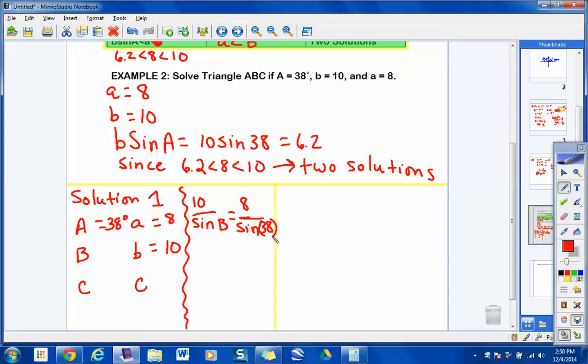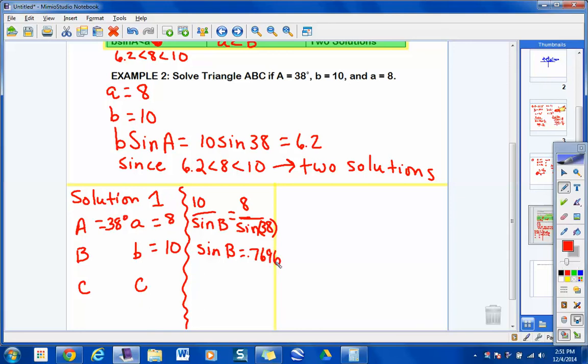How much? 0.7696. Are we getting 0.7696 out there? Anybody not getting that? So this implies that the sine of angle B is equal to 0.7696.